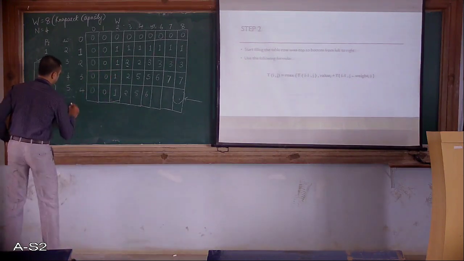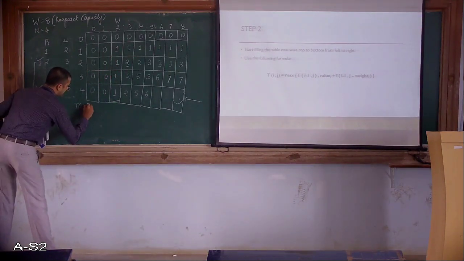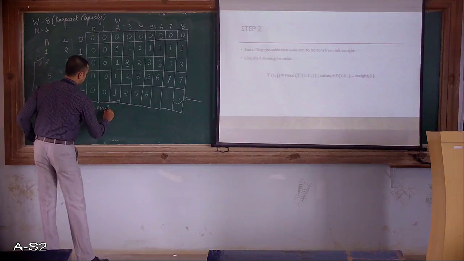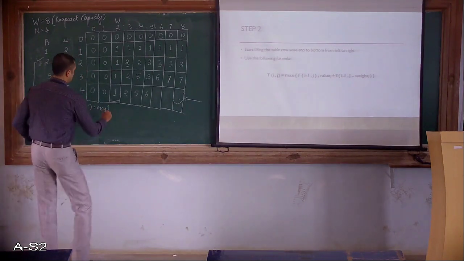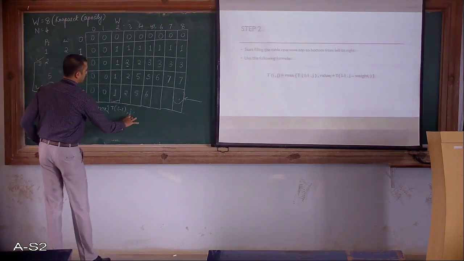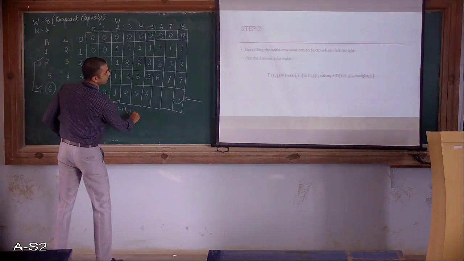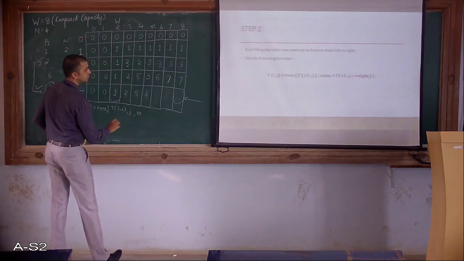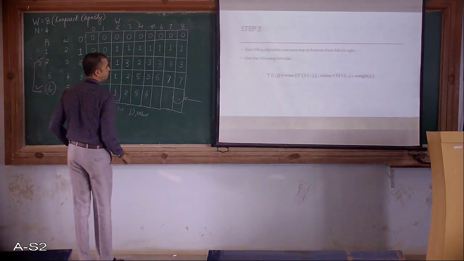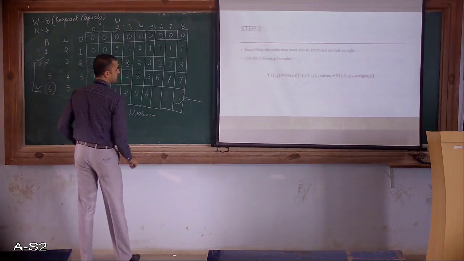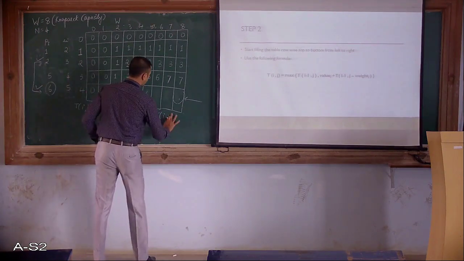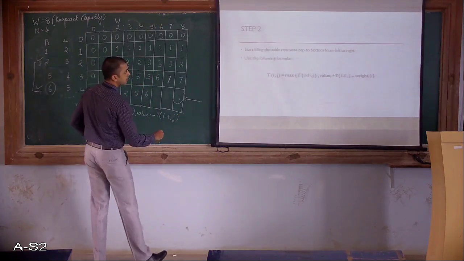T of i comma j is equal to max of, T refers to the table, max of t of i minus 1 comma j, comma value of i plus t of i minus 1 comma j minus weight of i.